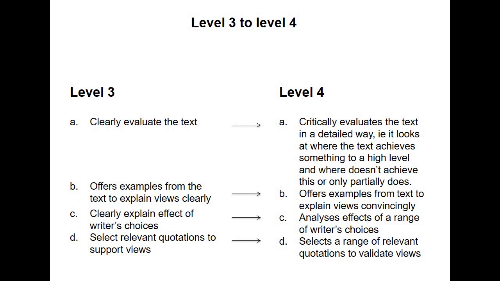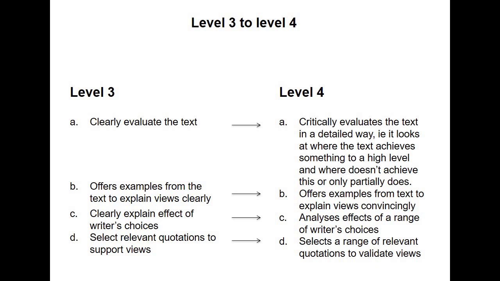Clearly explains the effects of writer's choices. That means you have to have identified the choices, i.e. the methods the writer has used, and you have to say, well, that method is what helps us to realise this, or to see this, or to discover this, or it switches that mood or that atmosphere or our perception.